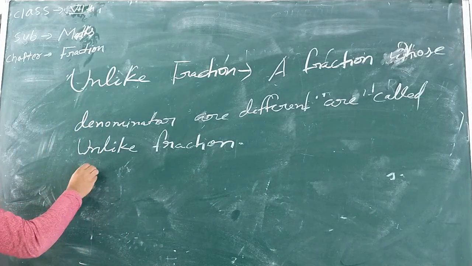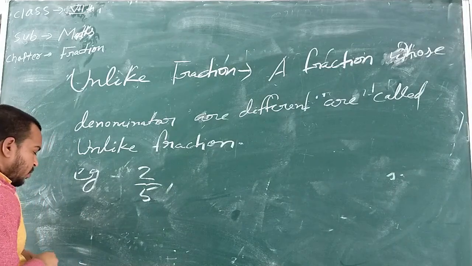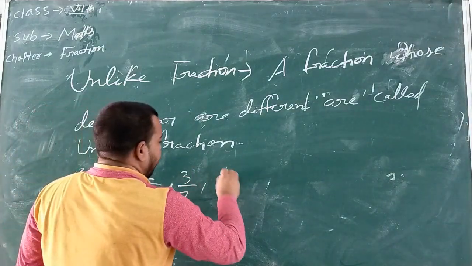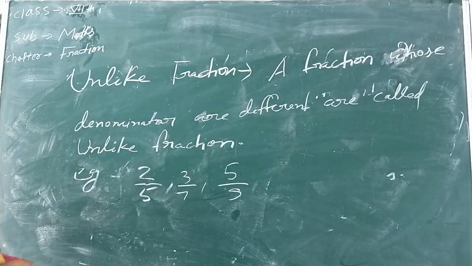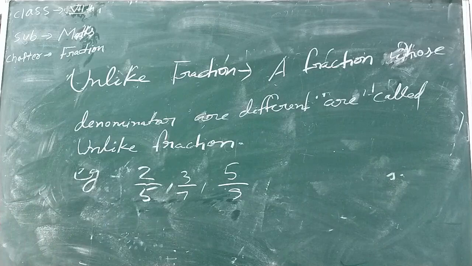For example, 2 by 5, 3 by 7, 5 by 9 are unlike fractions because their denominators are different.